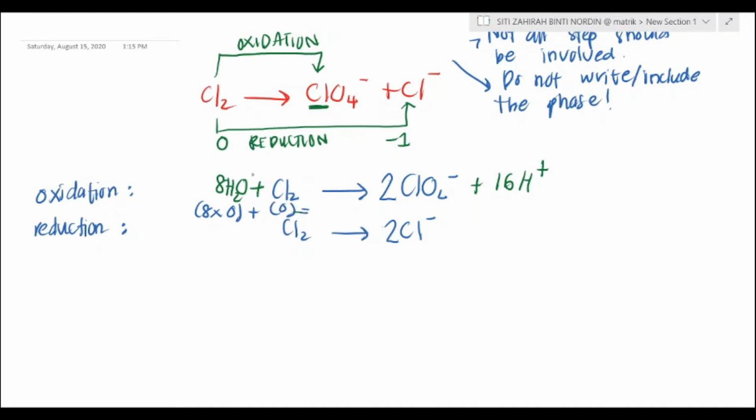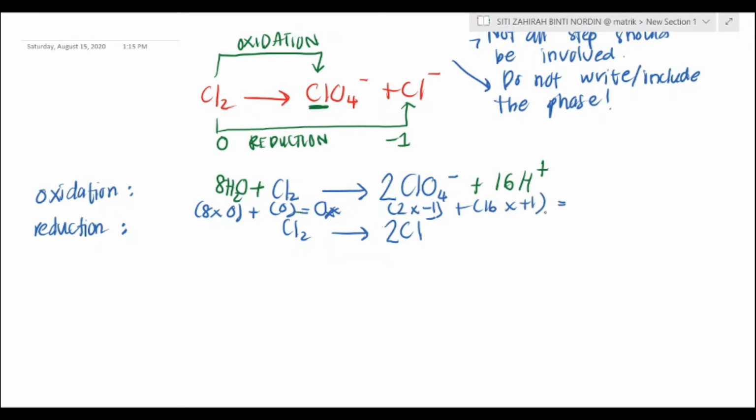So the reactant has 0 total charge. For the product, that would be 2 times -1 plus 16 times +1.